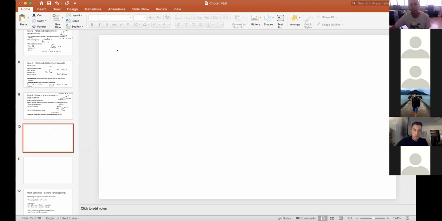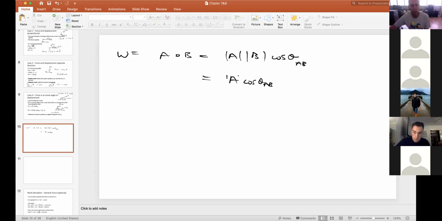The definition of the dot product for any two vectors, A dot B, is really saying this is the same as A in the direction of B times B, or A times B in the direction of A.